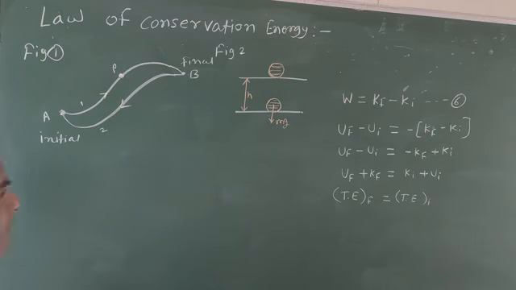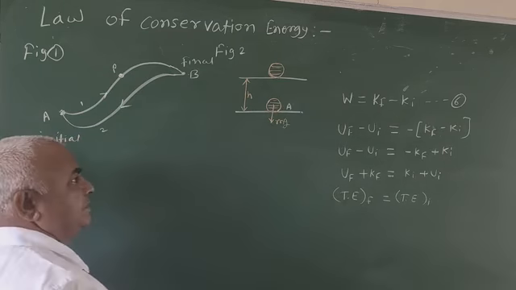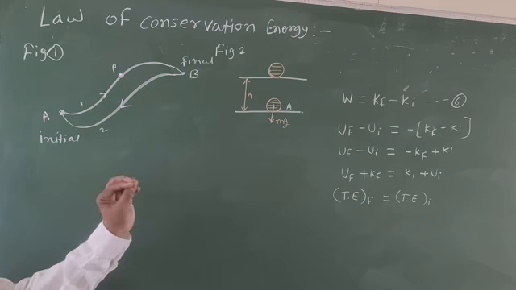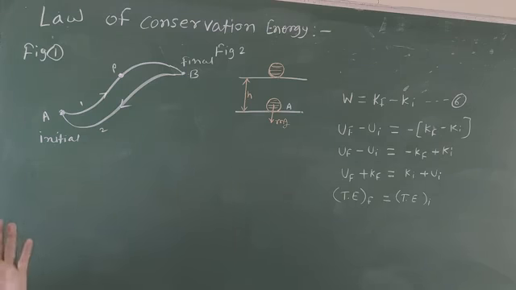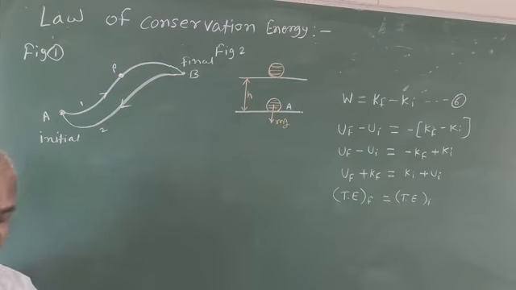This body is on the earth surface having mass m. That means this body and the earth as a second body form a two-body system. Earth we can consider as one body, and the object that we take into account here as a second body, and these two bodies constitute a two-body system.